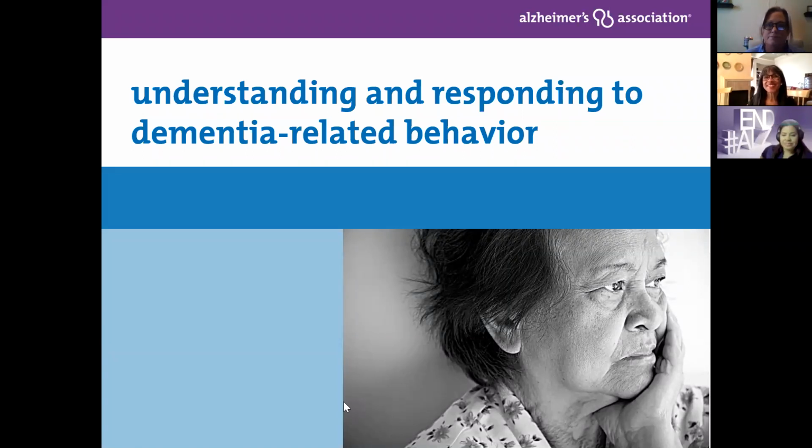What I'm going to present today is basically simple steps, 4 steps that you're going to take, and you can actually use for 6 or 7 of the most common types of behaviors or dementia-related behaviors.